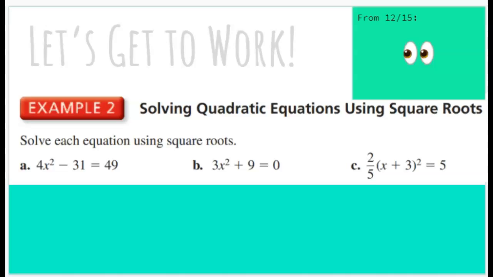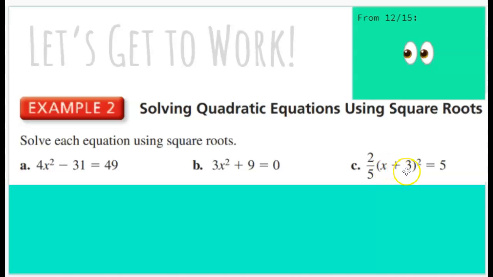All right. So, this is what you had before. Notice here, is there a linear term? Do you see something x? No, you don't. You see something x squared, quadratic. Look here at b, 3x squared plus 9. Do you see something x? No, you don't. You see something x squared. That's quadratic. There's no linear. Look at C. Something x?